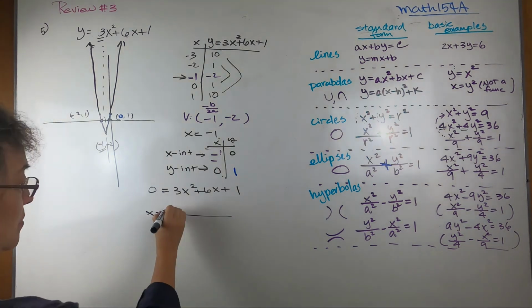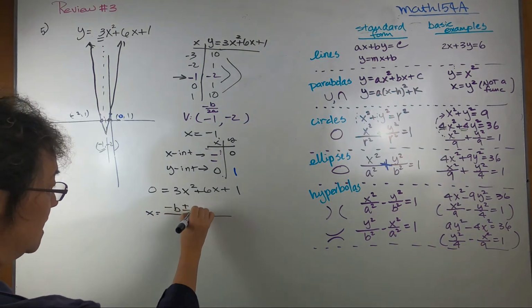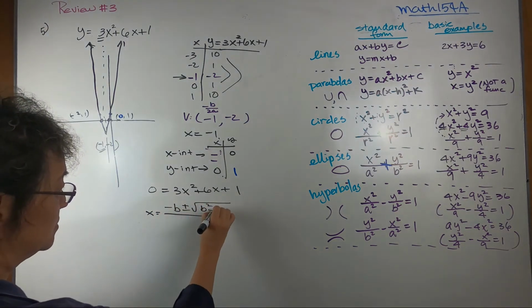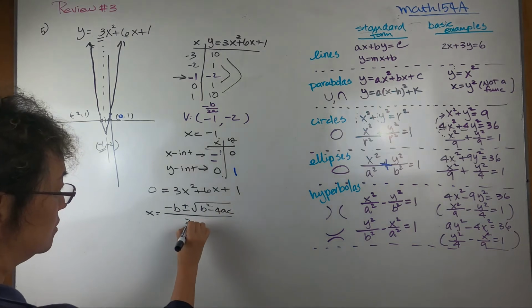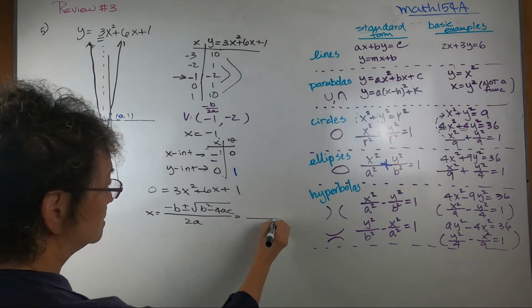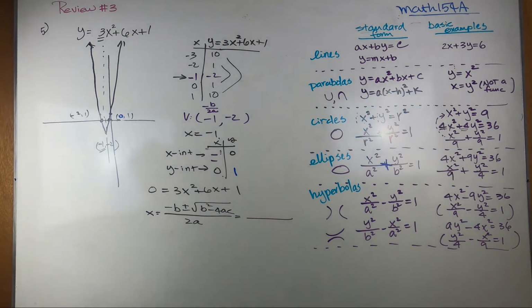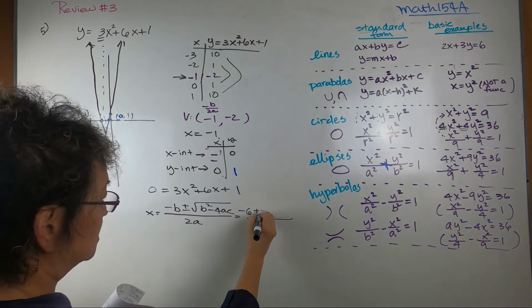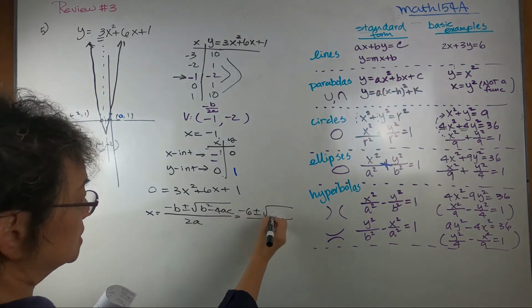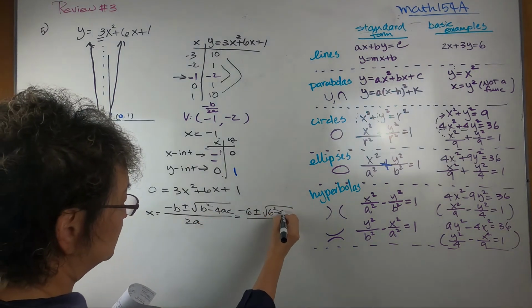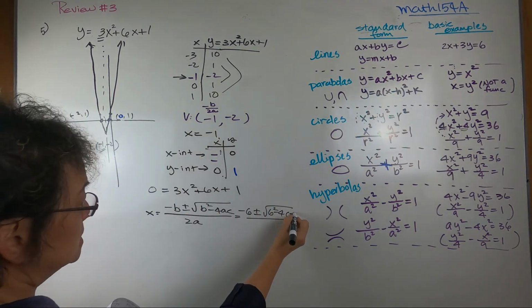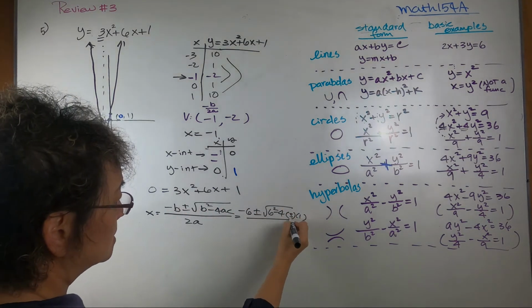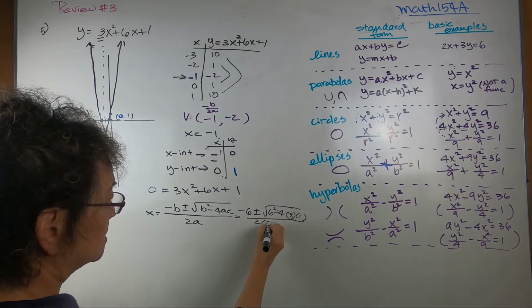Use the quadratic formula. Negative b plus or minus the square root of b squared minus 4ac, over 2a, right? So you plug in, then what do we have? We should have b is 6, so negative 6 plus or minus the square root of 6 squared minus 4 times a is 3, c is 1, over 2a, right?